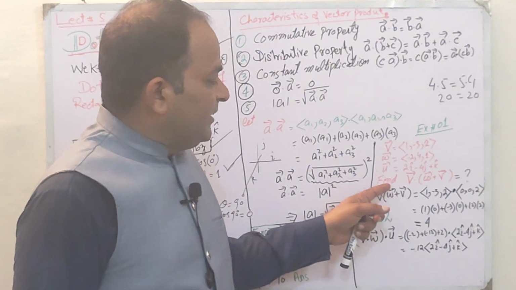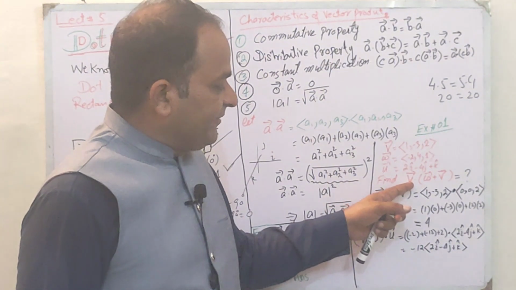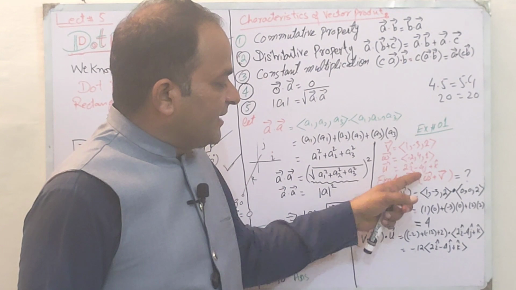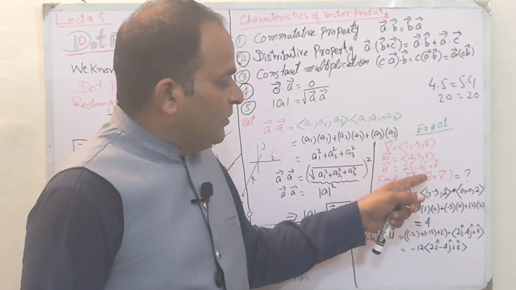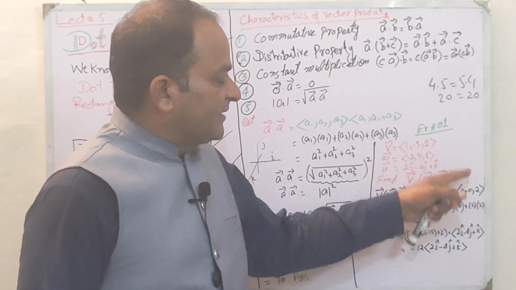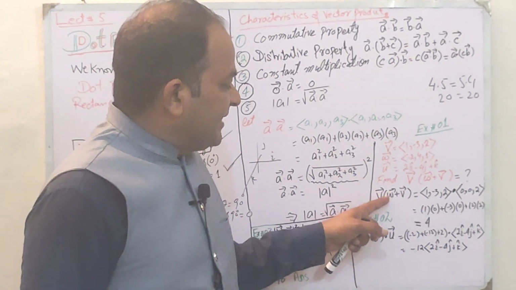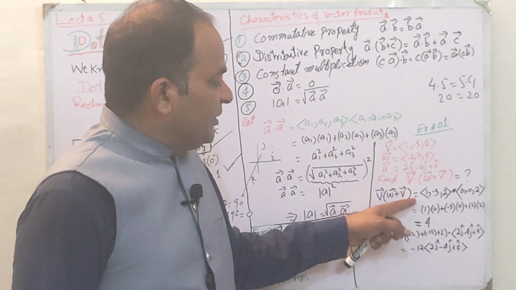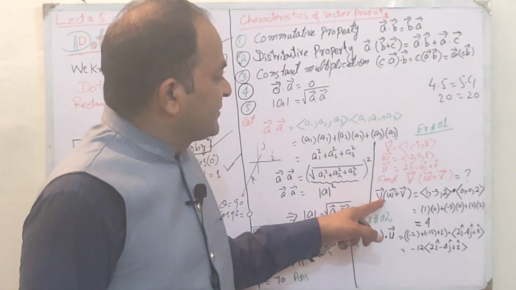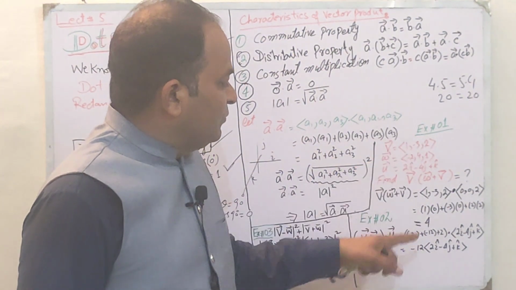So I need to solve this expression: v vector dot w plus u vector. We know that v vector's value is 1, minus 3, 2.